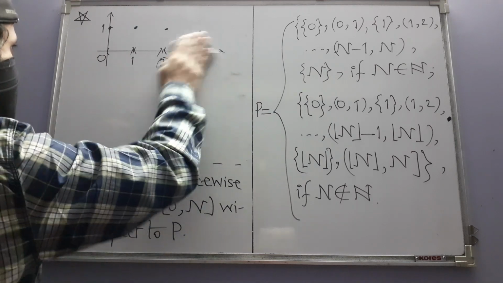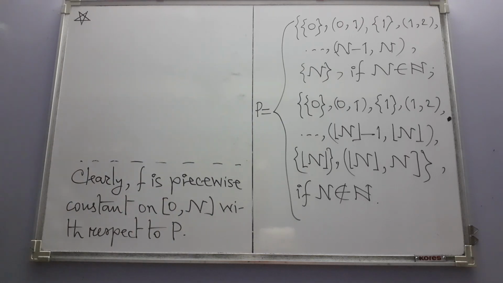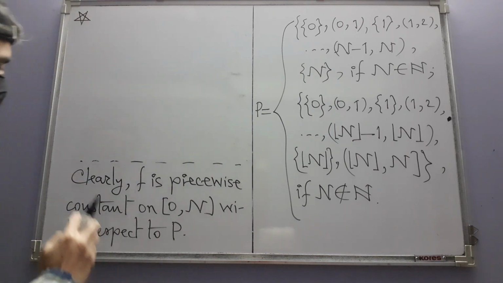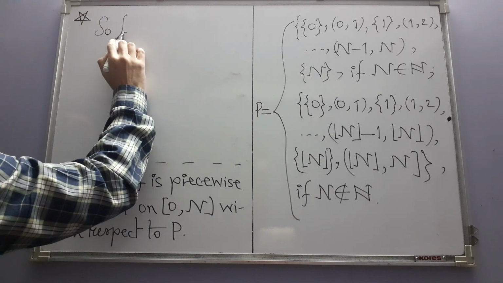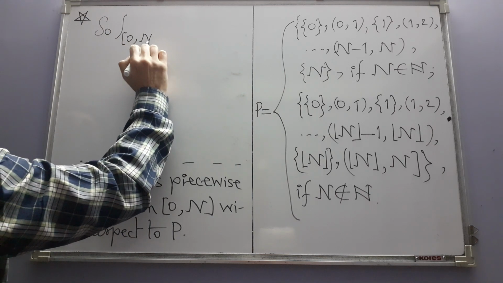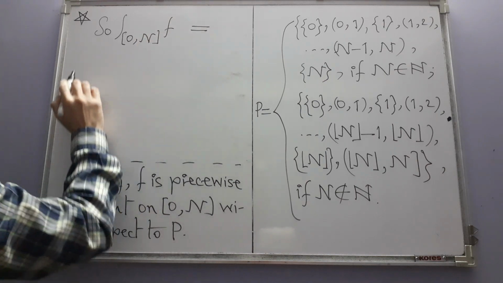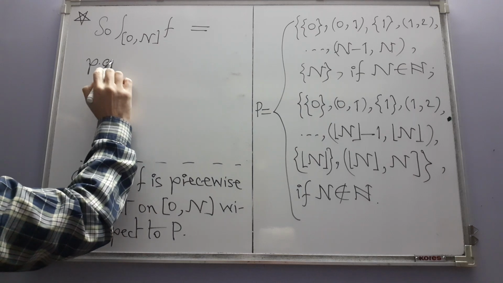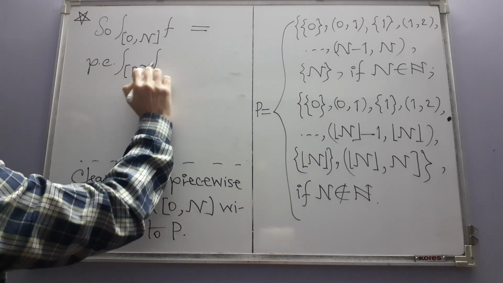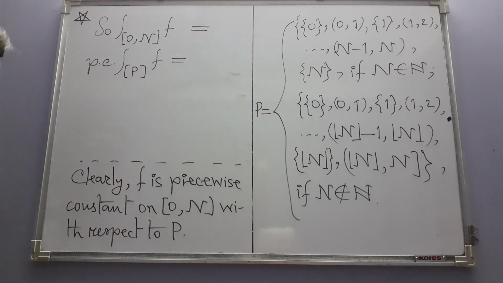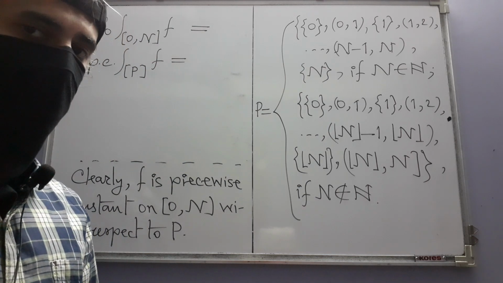Now because f is piecewise constant, we can find its integral very easily. So the integral of f on that interval is equal to the piecewise constant integral of f with respect to the partition P. But now, do you see that the integral will be 0?